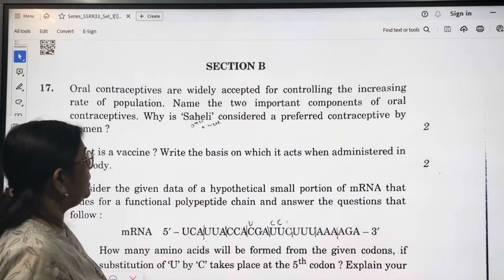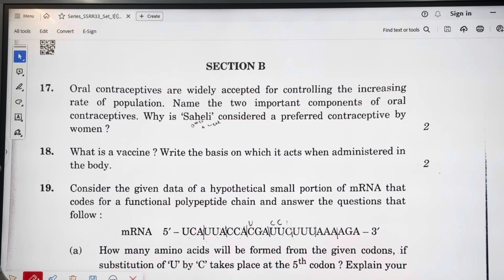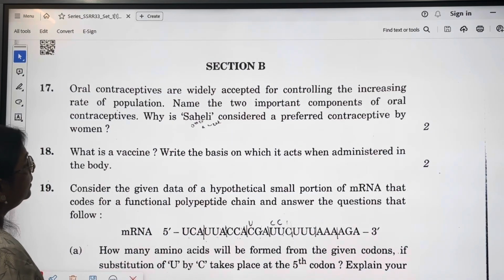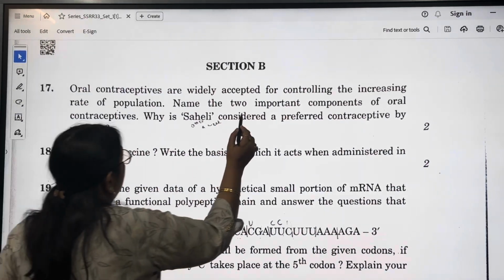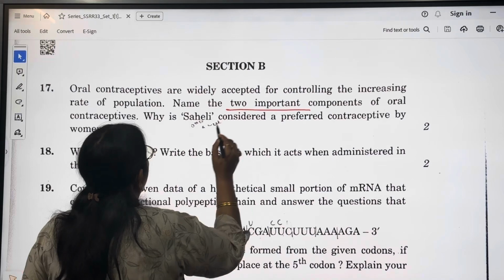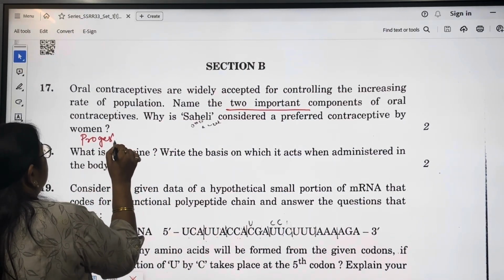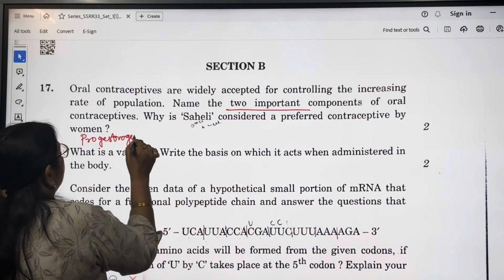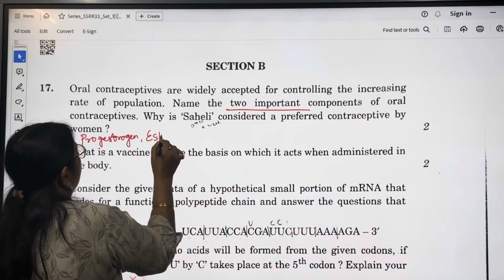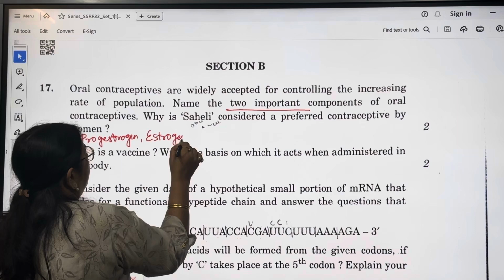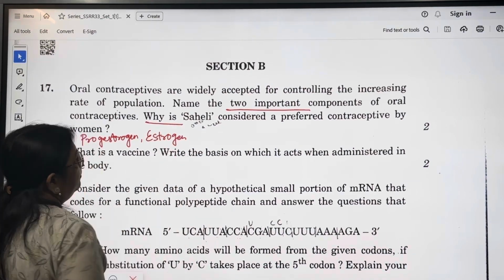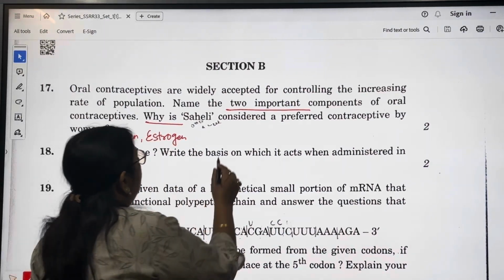Now section B. 17th question. Oral contraceptives are widely accepted for controlling the increasing rate of population. Name the two important components of oral contraceptive. Two important components are progesterone and estrogen. And why is it considered a preferred contraceptive by women?